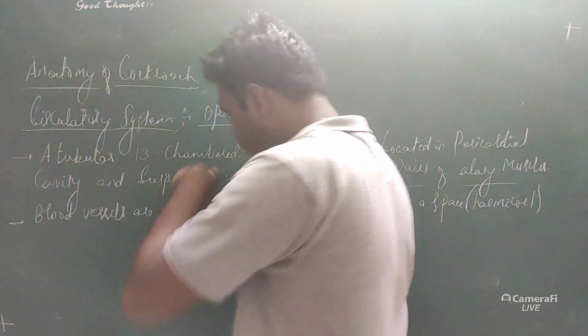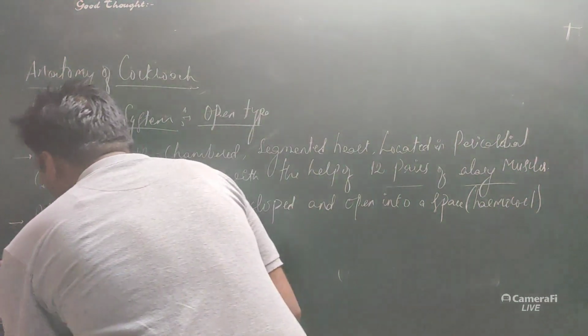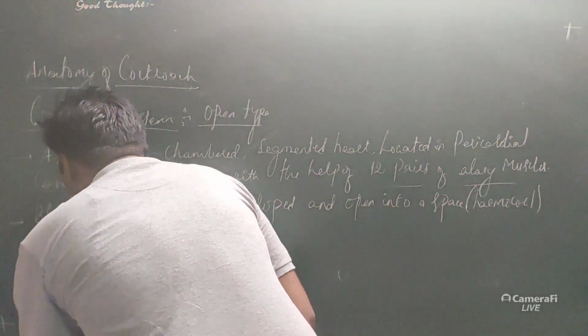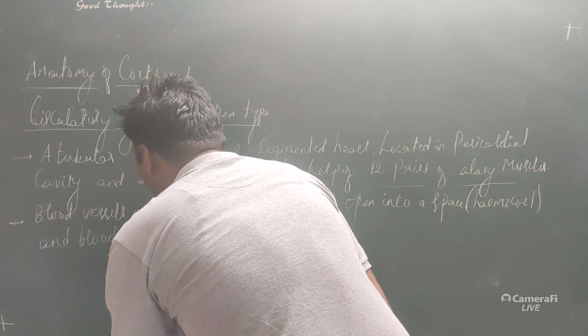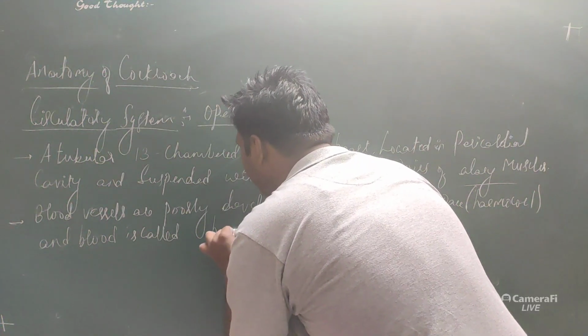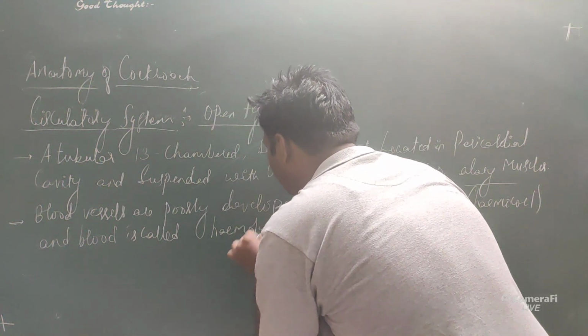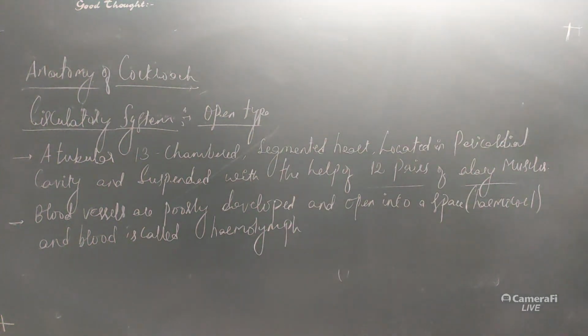The next, the blood in the case of cockroach is called hemolymph. Okay, the blood is called hemolymph.